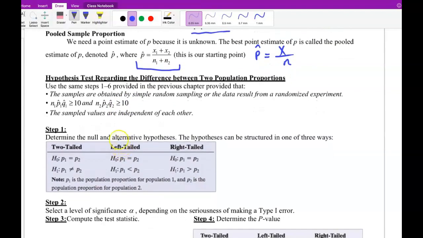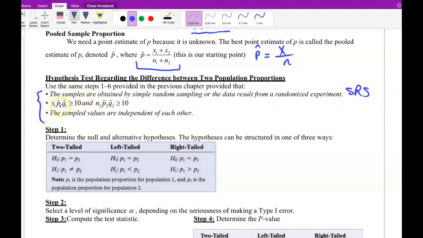Okay, now testing a hypothesis regarding the difference between two population proportions. First, we should have all these three requirements. The same requirements: we should have a simple random sample. And N times P hat times Q hat should be greater than or equal to 10. But the only difference here is that since we have two populations, we have two steps.